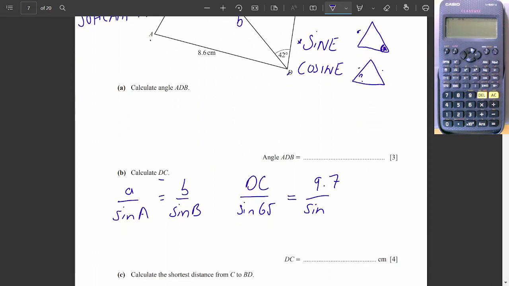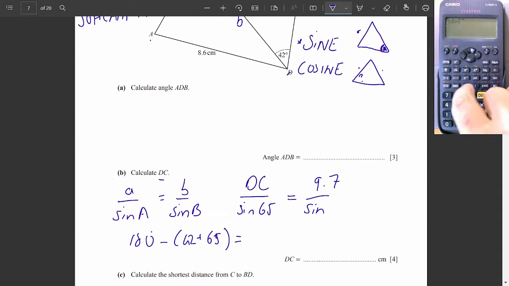So let's write that down. 180 minus 42 plus 65. Let's log that in. 73. 73 is the angle we need there.